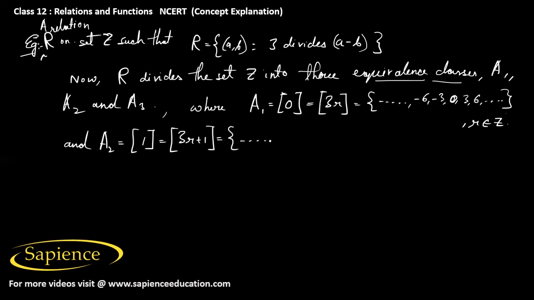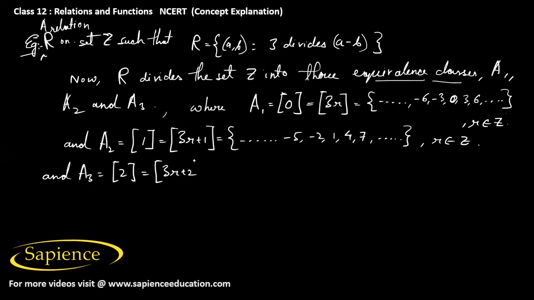So it is the set of elements like -5, -2, 1, 4, 7, etc., where r belongs to Z. And A3 is the equivalence class which contains all the integers related to 2, which are of the form 3r plus 2: -4, -1, 2, 5, 8, etc. So A1, A2, and A3 are the three equivalence classes here.